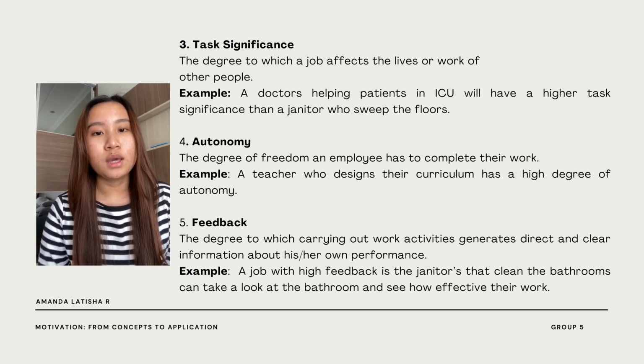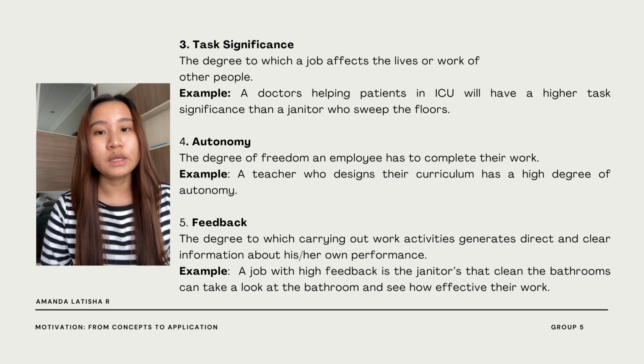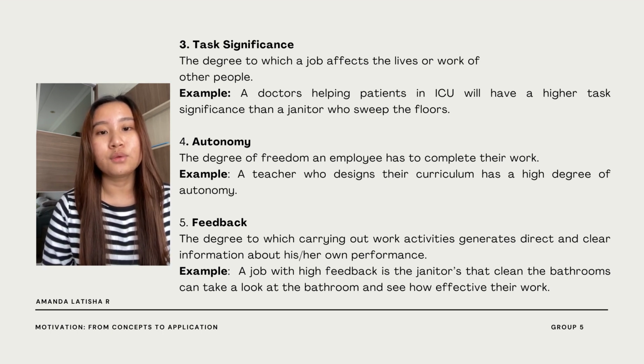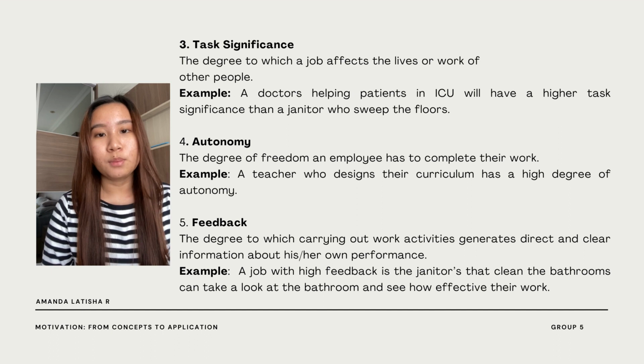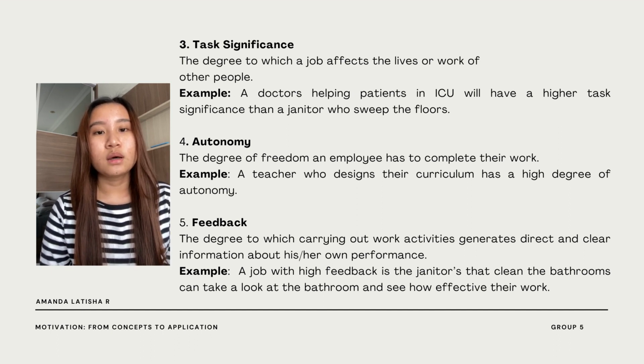And the last one is feedback. Feedback is the degree to which carrying out work activities will generate direct and clear information about their own performance. An example of a job with high feedback is the janitor who cleans the bathrooms, since they can look at the bathrooms and see how effective their work was after they finish.